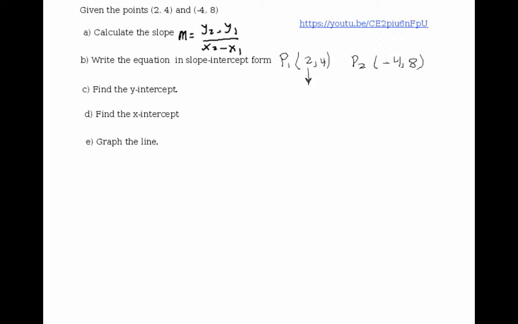Since I'm assuming this is point 1, this would be x1, and 4 would be y1, and then here we get x2 and y2.